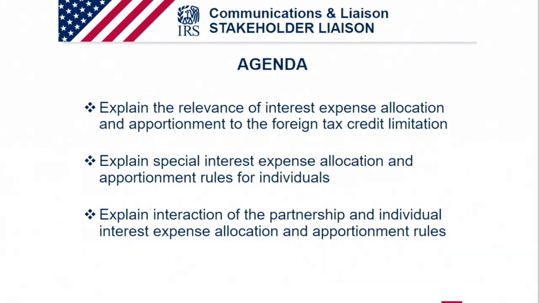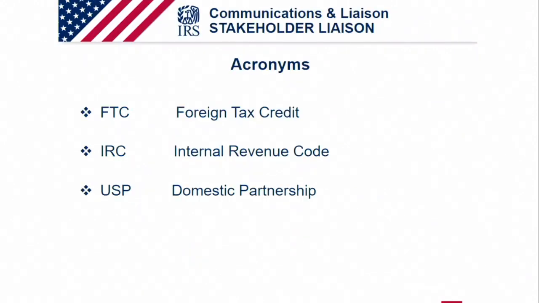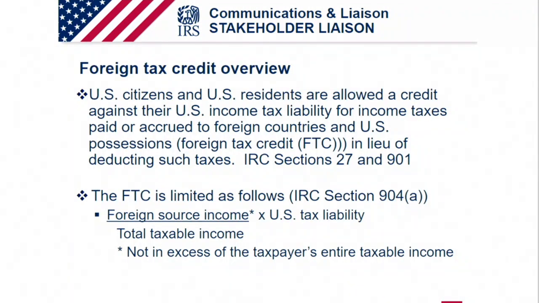And finally, we're going to explain the interaction of the partnership and individual interest expense allocation and apportionment rules. Here we have the acronyms that will be referenced today, and that's FTC for Foreign Tax Credit, IRC for the Internal Revenue Code, USP as Domestic Partnership.